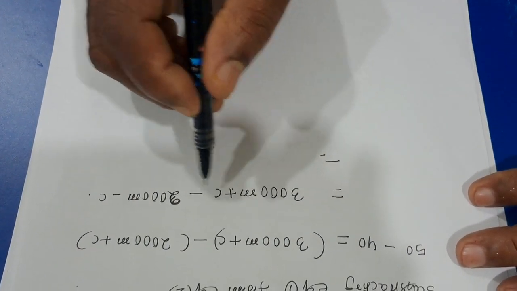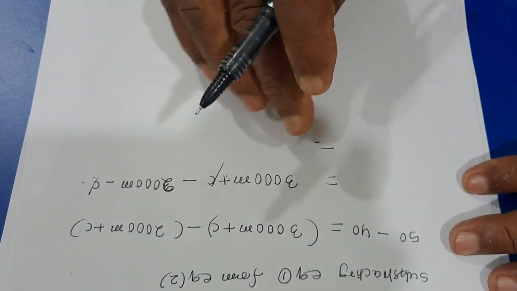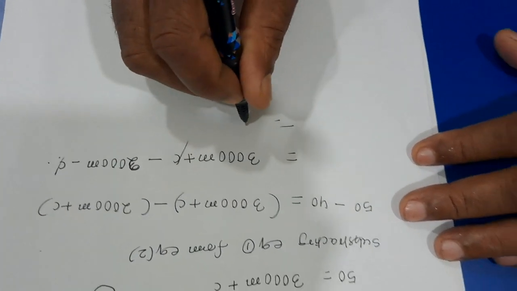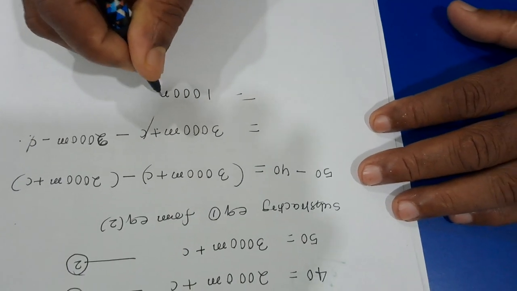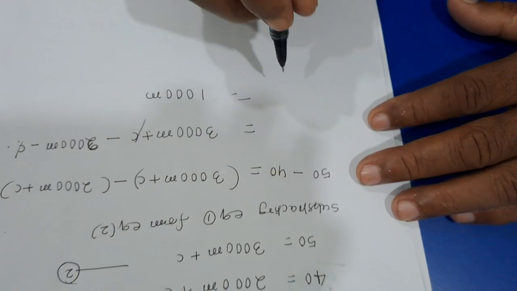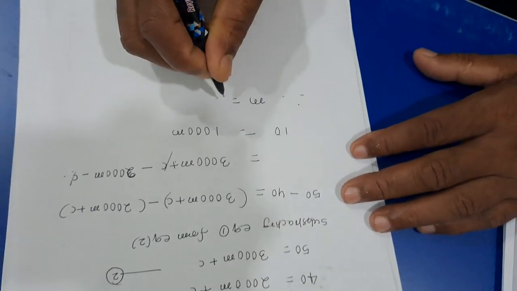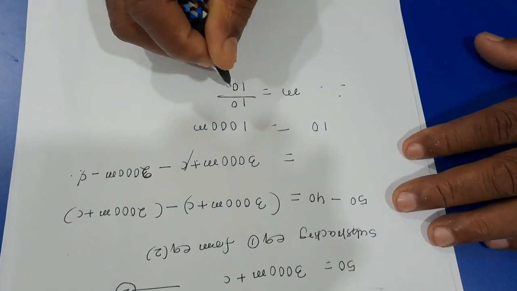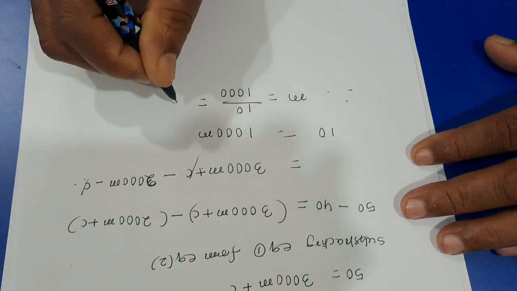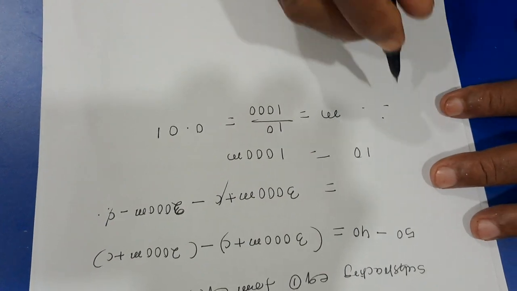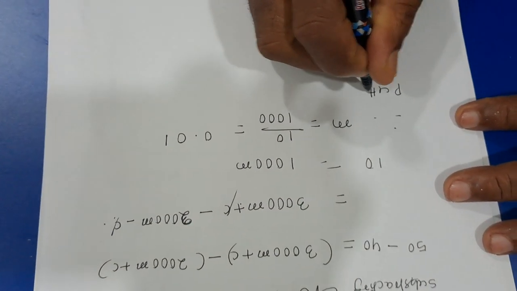Then plus c minus c cancel. 3000 m minus 2000 m is equal to 1000 m. 50 minus 40 is equal to 10. Therefore, m is equal to 10 by 1000 is equal to 0.01.